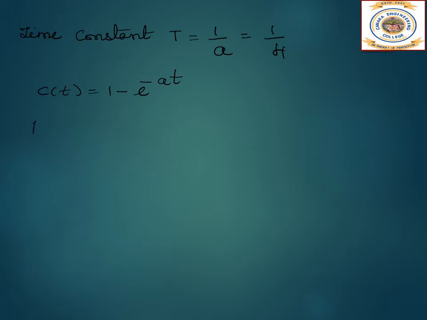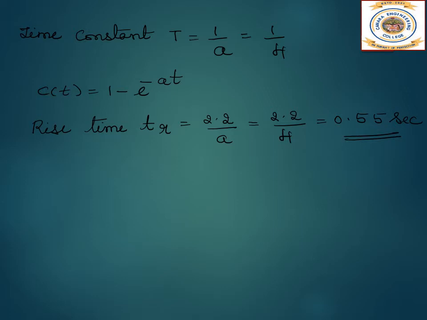Then what we have? Rise time. So rise time TR is equal to 2.2 by A. That is 2.2 divided by 4. We get it as 0.55 seconds.